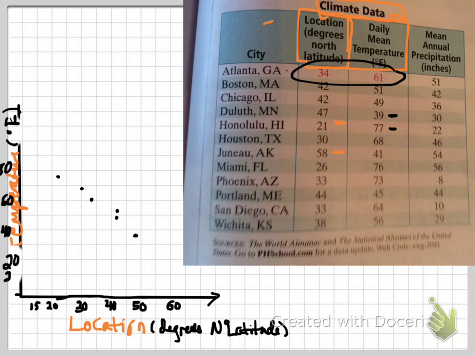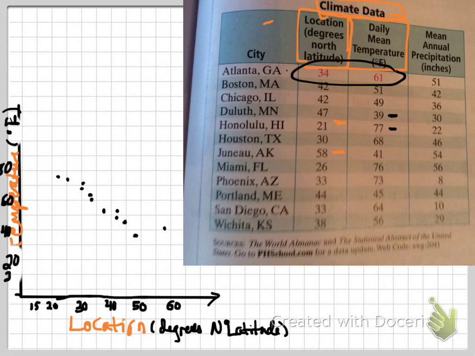Then we have 58, 41, then 26, 76. 33, 73. 44, 45. 33, 64. 38, 56.